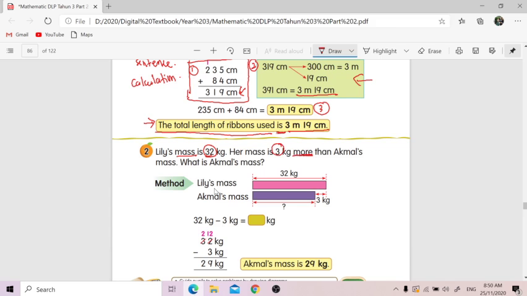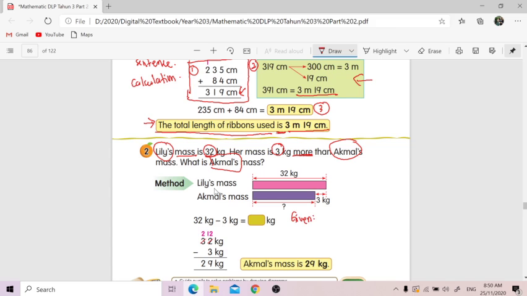More than Akmal's mass. Ini ada seorang murid lagi. So this is Lily. This is Akmal. So saya ada 2 orang murid yang berbeza. So that is what is given first. So what is Akmal's mass? So here ada find. So given dulu. Given, ni dia terus letak method kan, but I just want us to go back to given.